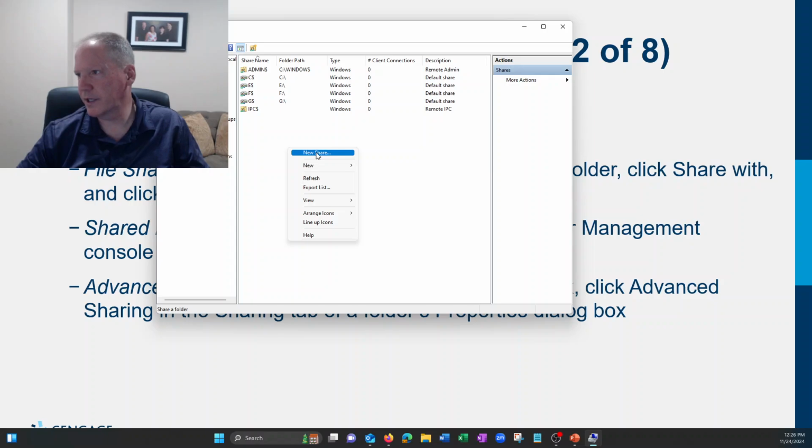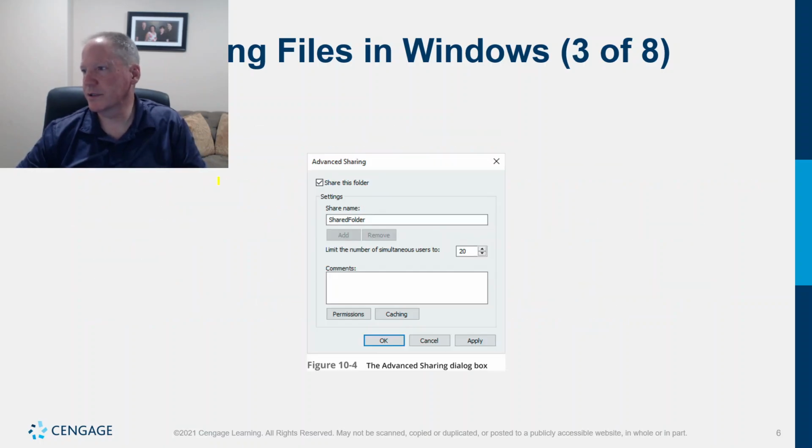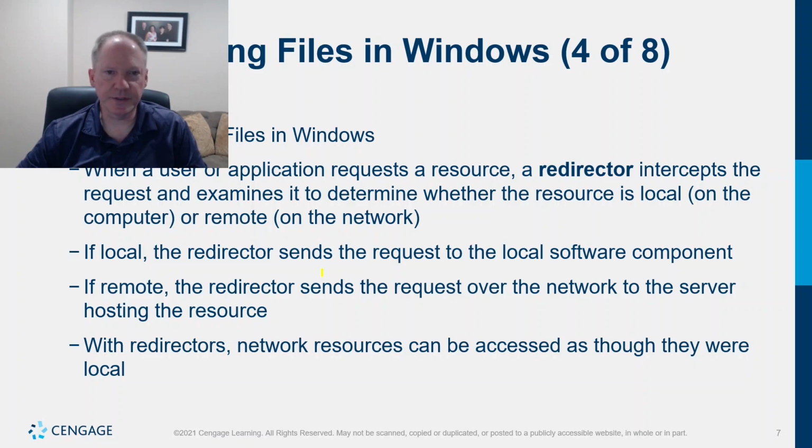Just right click, new share, and you can go through it that way. All right. So there's a lot of ways to do it. So here's the right click, share this folder, and then you set up the permissions, and away you go. All right. So you'll do that in today's lab. So you'll have plenty of practice.